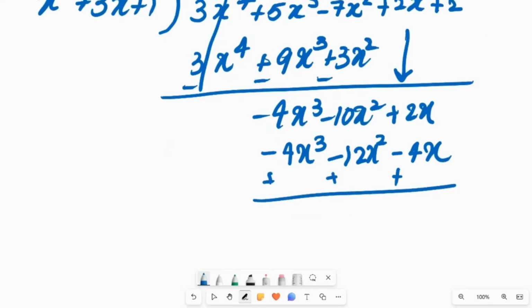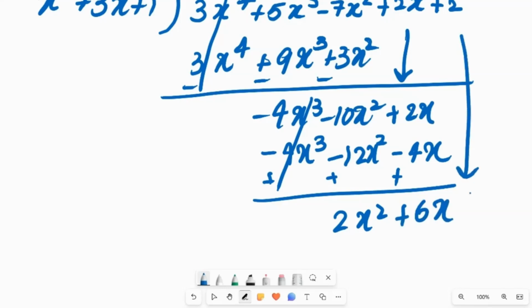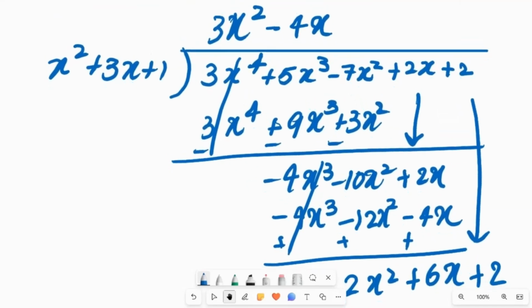So minus 4x cube plus 4x cube is 0. Minus 10x square plus 12x square is 2x square. 2x plus 4x is 6x. And bring down the 2 here. We have plus 2. Next, what is the number we multiplied to the first term to get the first term of p of x?